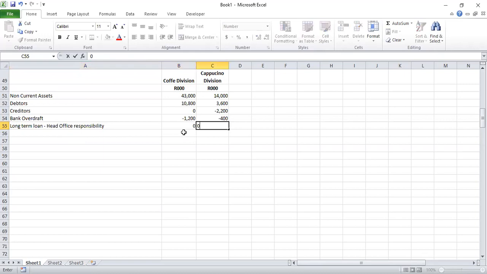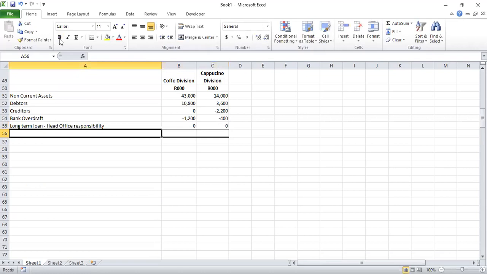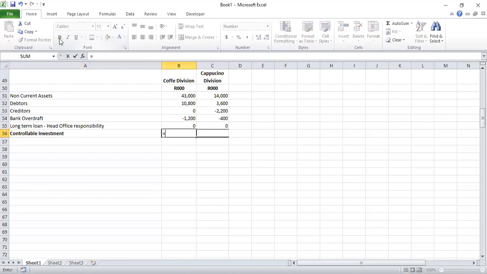Right, then we find our controllable investment. So that's our controllable investment. Any questions?